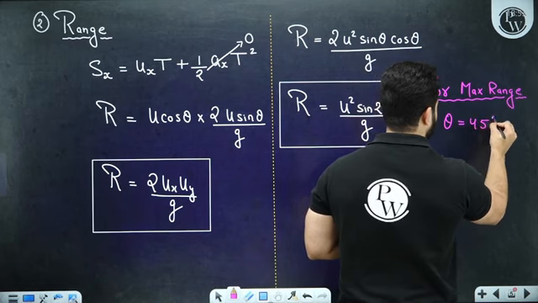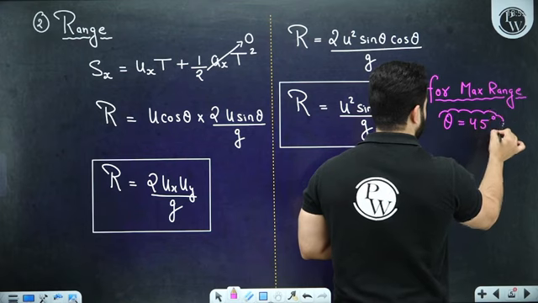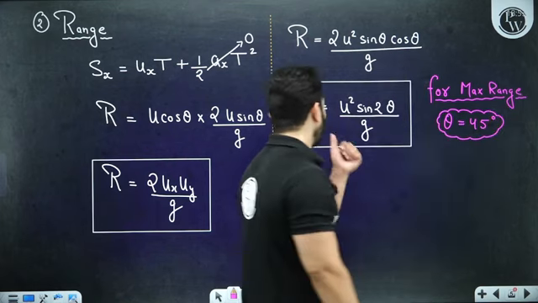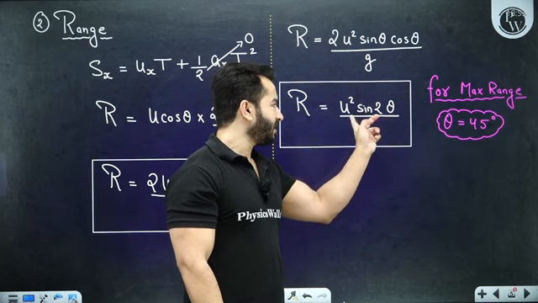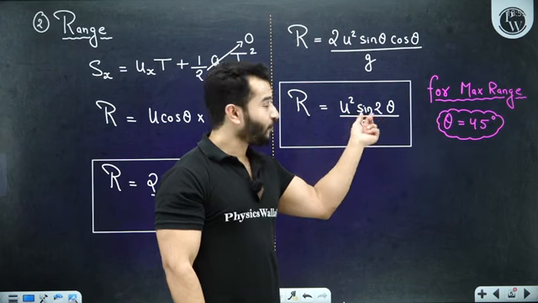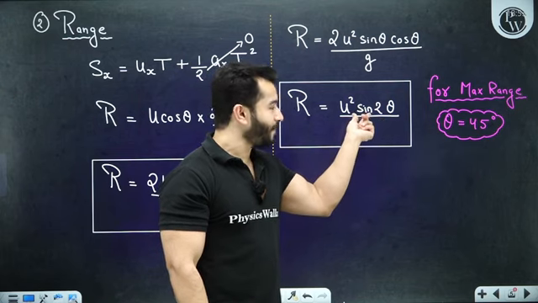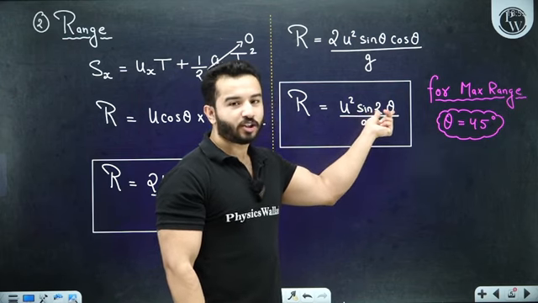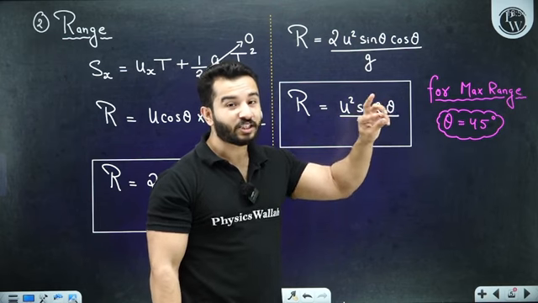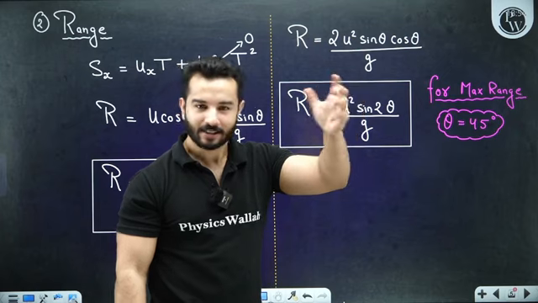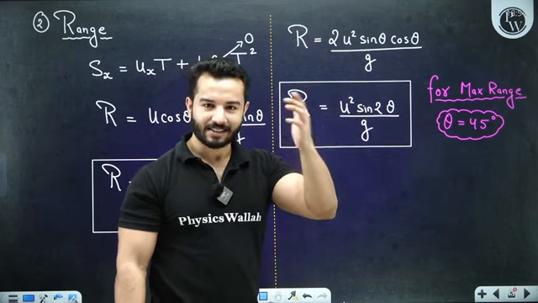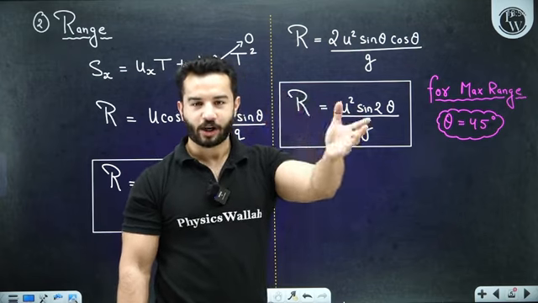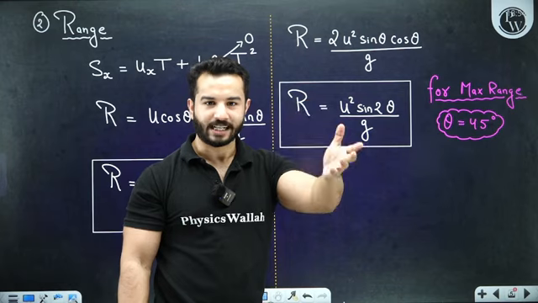It makes sense. Why? Because if you want to make the range maximum, the only thing that you can change is sine. And for this sine to be maximum, 2 theta should be something for which sine gives the maximum value. Sine gives the maximum value as +1, and obviously we are talking about between 0 to 90 degree, right?